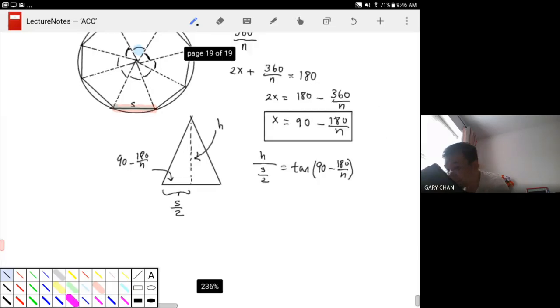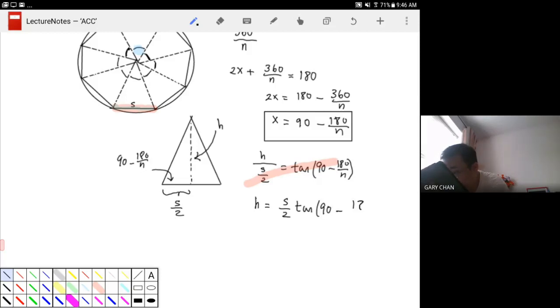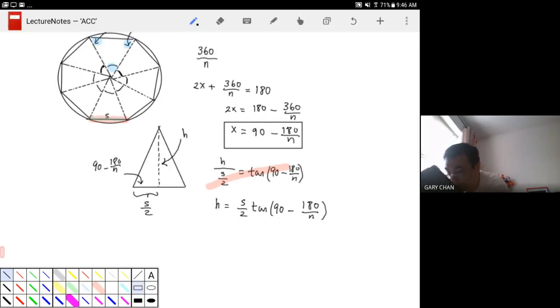And we're in the home stretch. So we're going to multiply both sides by S over 2. We have h equals S over 2 times tangent of 90 minus 180 over n. So that's the height of one of the isosceles triangles.